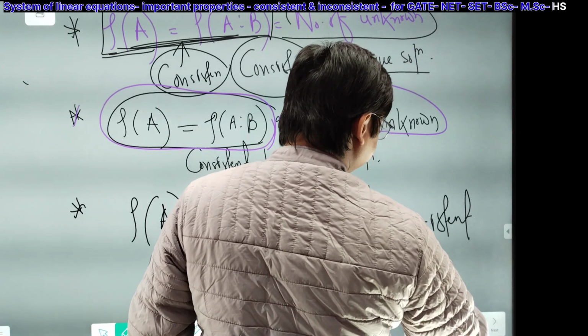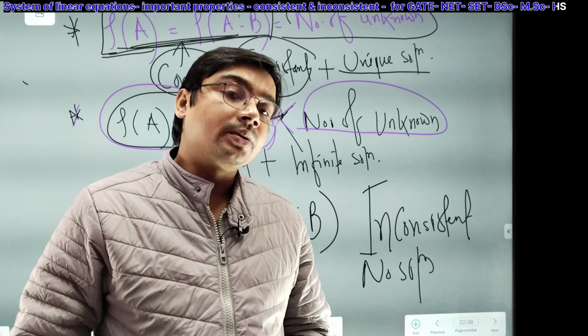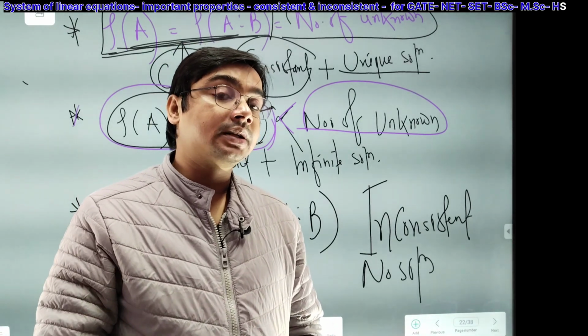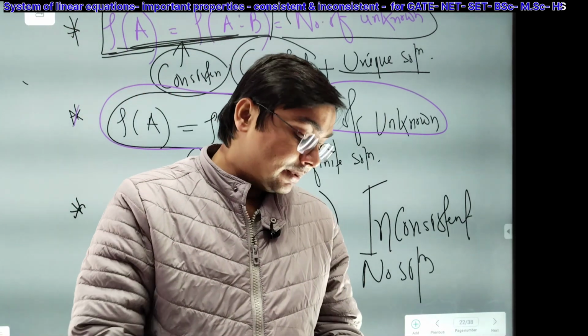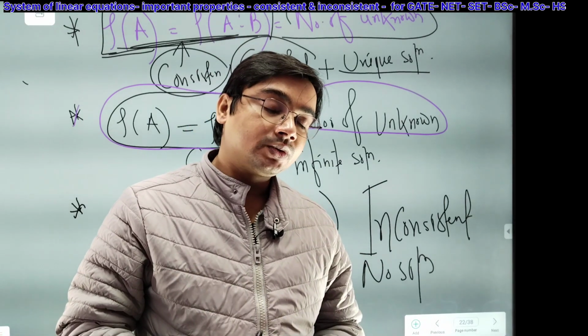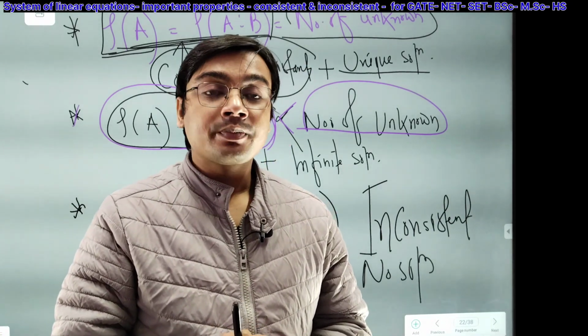Since the system is inconsistent, definitely no solution will exist here. So these are the other methods or properties by which we can easily verify whether the given system has a unique solution, infinite solutions, or is consistent or inconsistent.